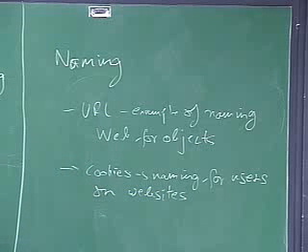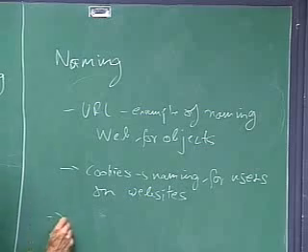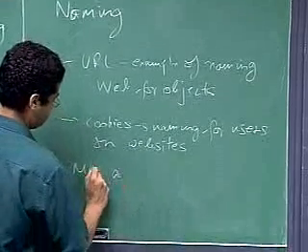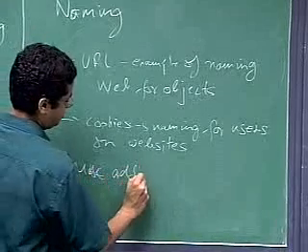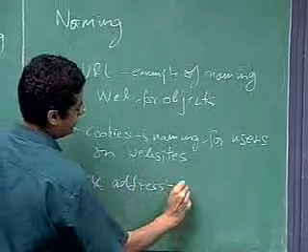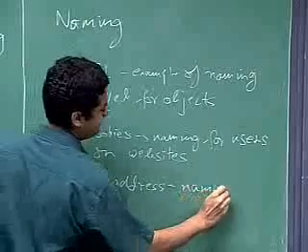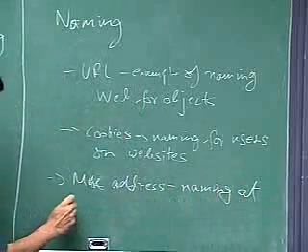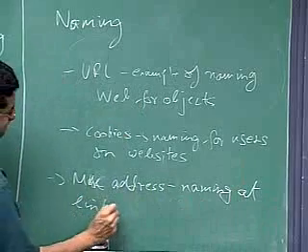More examples? MAC address. So MAC address is the naming for your Ethernet adapter. It's naming at the link layer.